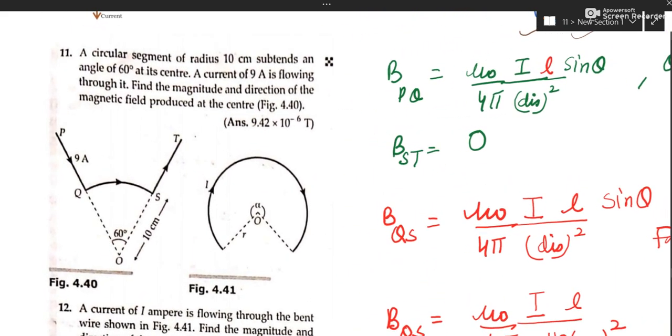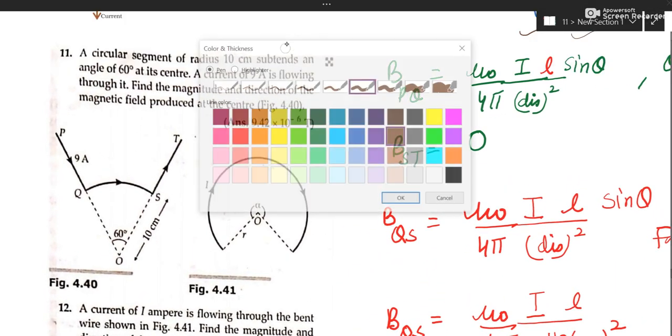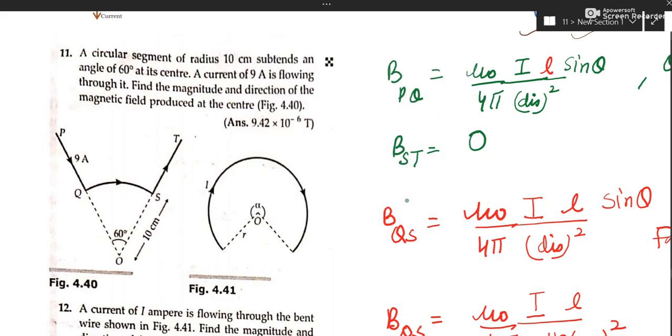Coming to this question. We'll have to find out the magnetic field here. So due to this portion and this portion it will be 0, because the point is lying along the lines. That is our generalization rule. So the magnetic field will be due to this.